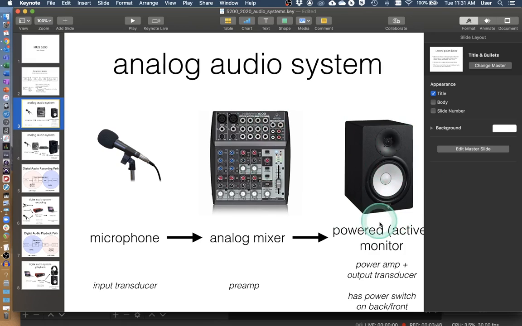This monitor has two of those components in it. It has a power amp and a speaker in it. If you can plug in the speaker, that means it is a powered monitor, meaning that it has an amplifier in it. So on the back, you will see a volume setting and a power switch.